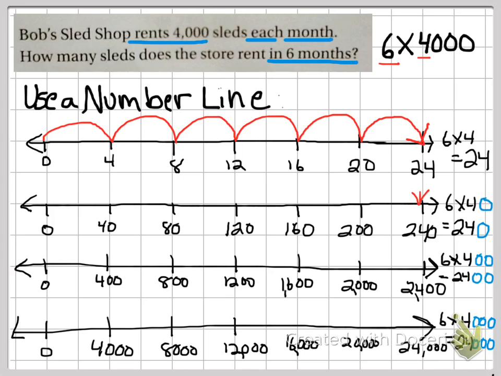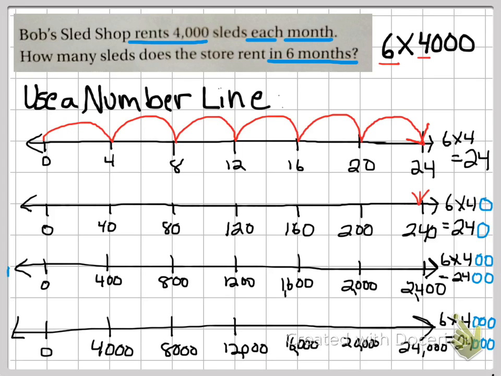Okay, and if we continue that line of thinking, 6 times 400 over here with this third number line, we go up by groups of 400: 800, 1200, 1600, 2000, 2400. And then finally, 6 times 4,000.